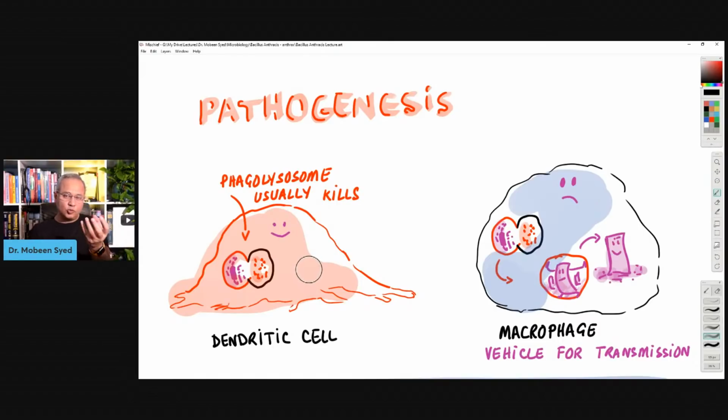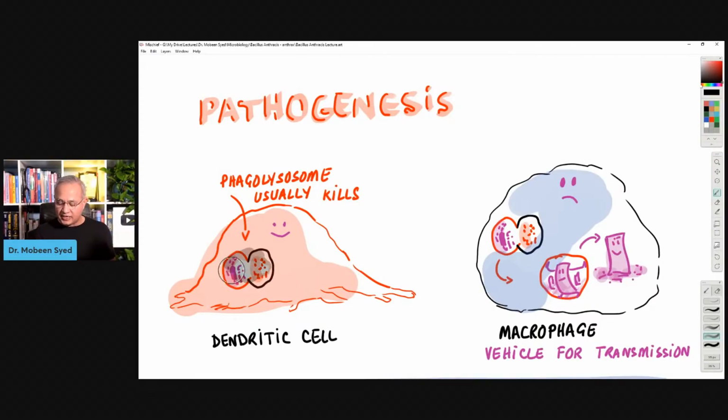And we also know that when the cell has phagocytosed the pathogen, that means eaten it up, that phagocytic vesicle inside the cell is then fused with a lysosomal vesicle that has digestive enzymes in it.